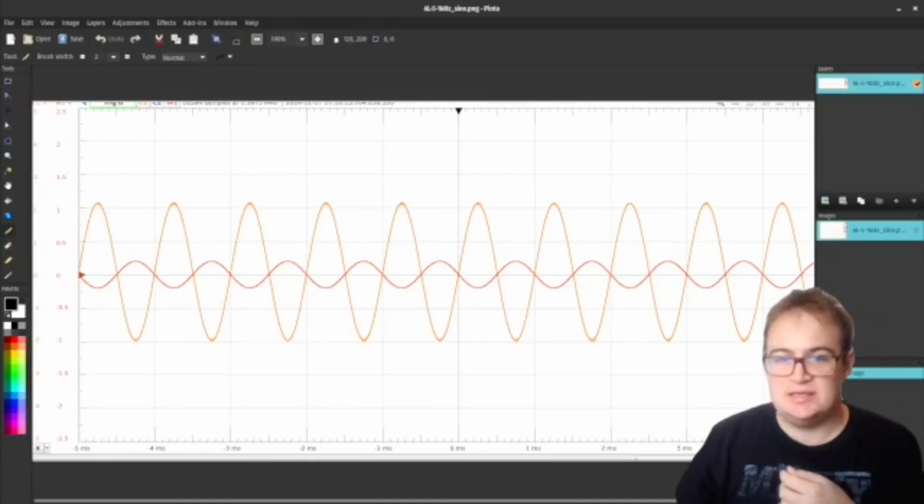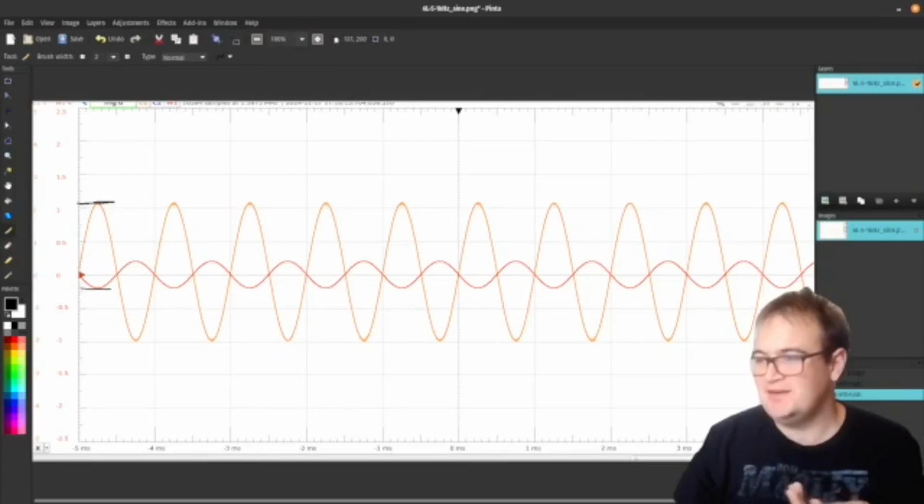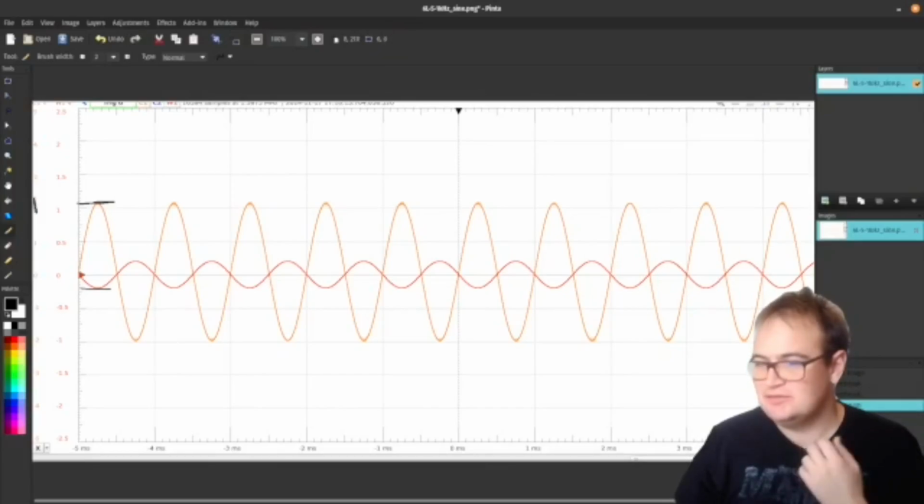As you can see right here, this is when we have about 200 millivolts, and then it goes up, and it's like 1.1 or 1.05, or actually no, sorry, this is the column which we are using here.